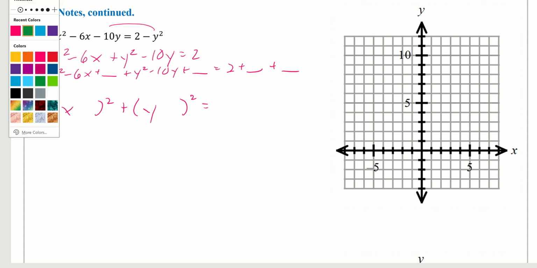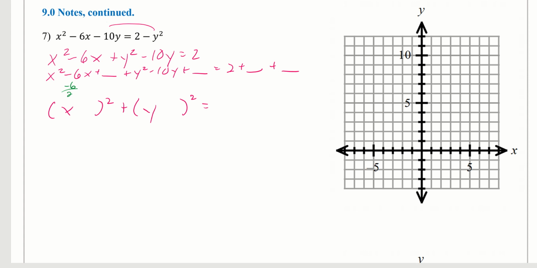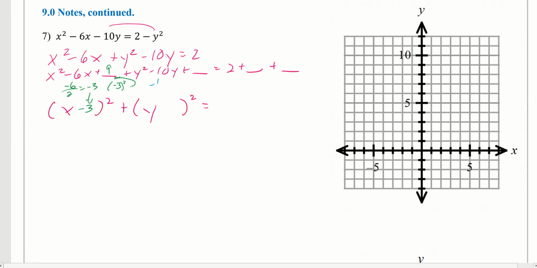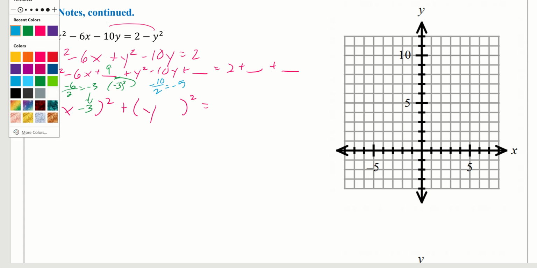So for this first one, we're going to take b divided by 2, which is negative 3. That goes right there. And square that. Well, bam. So that is 9. Now here, for the next one, it's going to be the b divided by 2, which is negative 5. Oops, I forgot to add the 9.